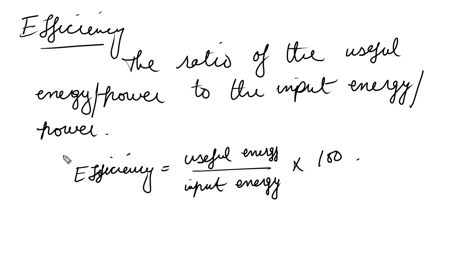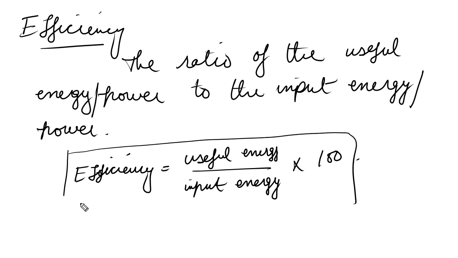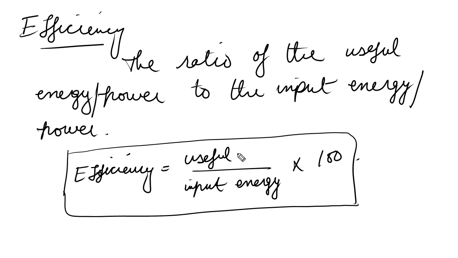So this formula will give us the efficiency in the form of percentage. All right, and if we want to, we can also find the efficiency in terms of power. We will just replace energy with power. So useful power over input power times 100 will give us the efficiency in percentage.